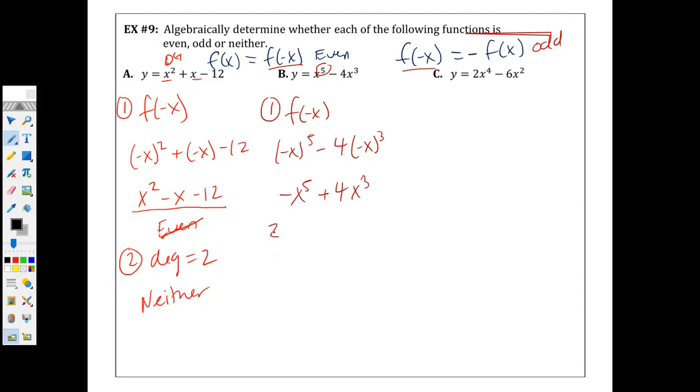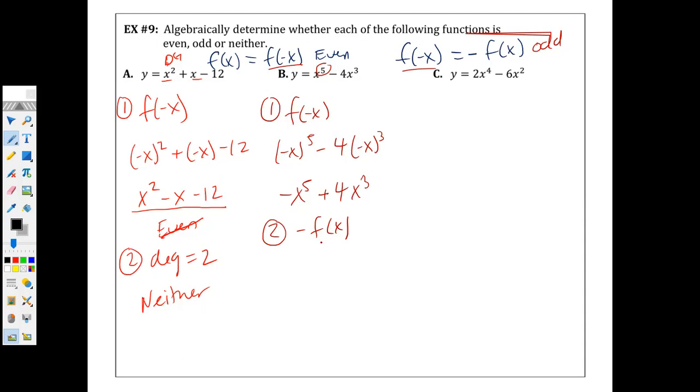Because it's not an even degree, I'm going to test negative f of x. When you have a negative outside of a function, what does that mean is happening to the function? What's flipping? The signs of every term are changing.